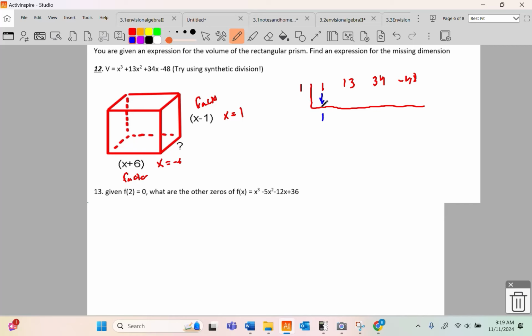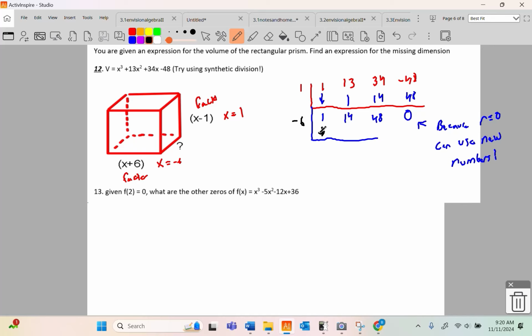I'm going to drop, I'm going to multiply, and I'm going to add. I'm going to multiply, and I'm going to add. I'm going to multiply, and I'm going to add and get a 0. Now, only because the remainder is 0, I can use the new numbers. So this time we're going to drop down. We're going to use the -6.